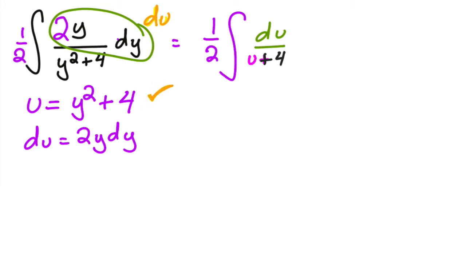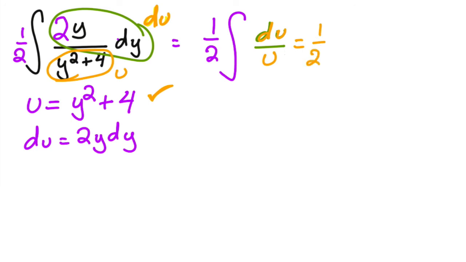Let's do mustard. Okay. Du doesn't change. It's the same. But what does change is the denominator, which is now simply u. Only u. That's it, because u is y squared plus 4. So you swap this entire thing for u. And so now this one we can find the antiderivative of.